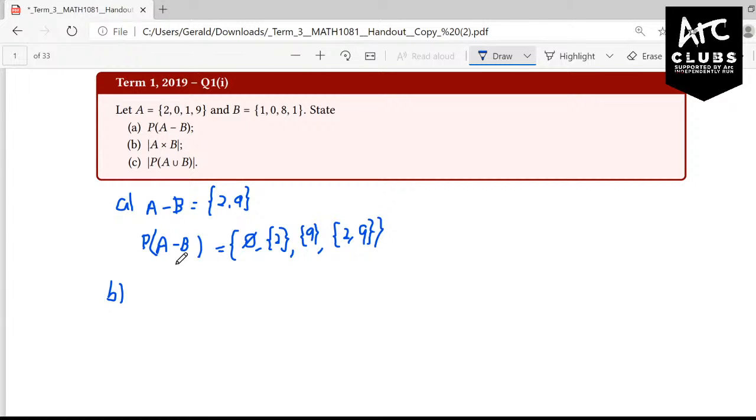So you want to take an element from A. So remember that A cross B is going to be the set such that you have (a, b). So you have an ordered pair where a is an element in A, and b is an element in B.